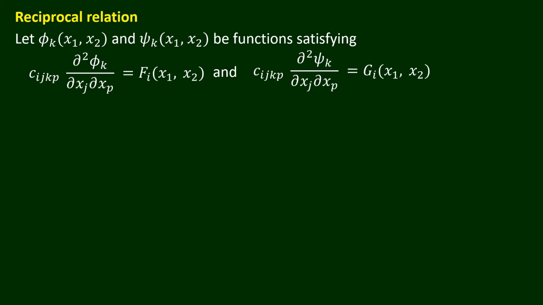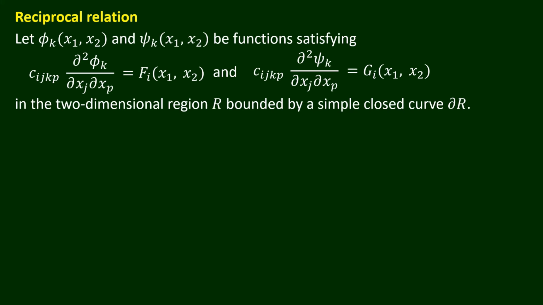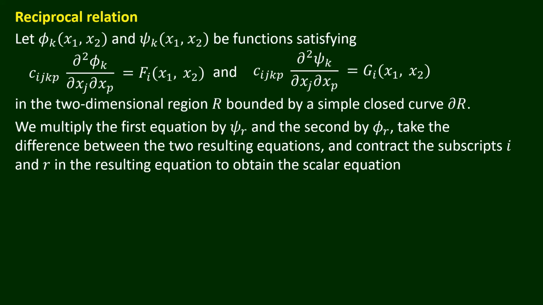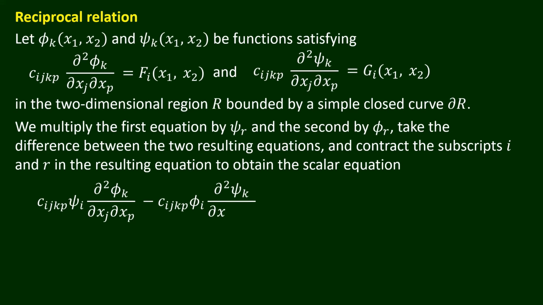In the two-dimensional region R, bounded by a simple closed curve del R, we multiply the first equation by psi r, and the second by phi r, take the difference between the two resulting equations, and contract the subscripts i and r to obtain the scalar equation C ijkp, psi i del 2 phi k over del xj del xp, minus C ijkp, phi i del 2 psi k over del xj del xp equals fi psi i minus gi phi i.